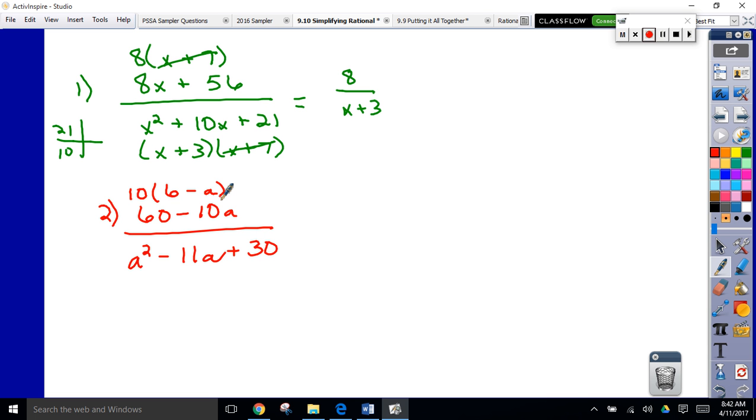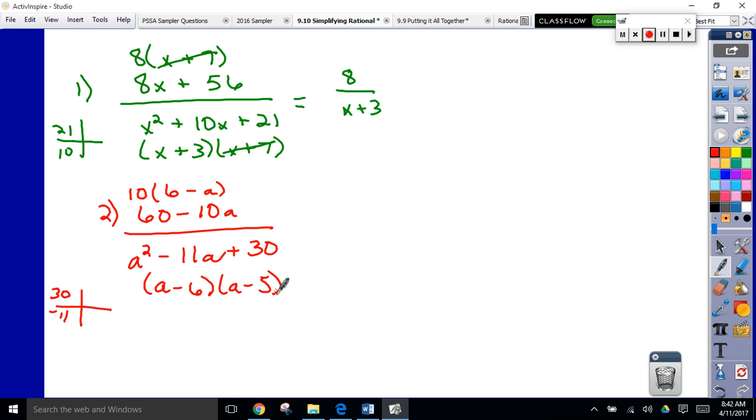Jocelyn, what would we do to factor the bottom? Good. So we have a minus 6, a minus 5. Colin, do we have any factors in common? A minus 6. Almost though, right?